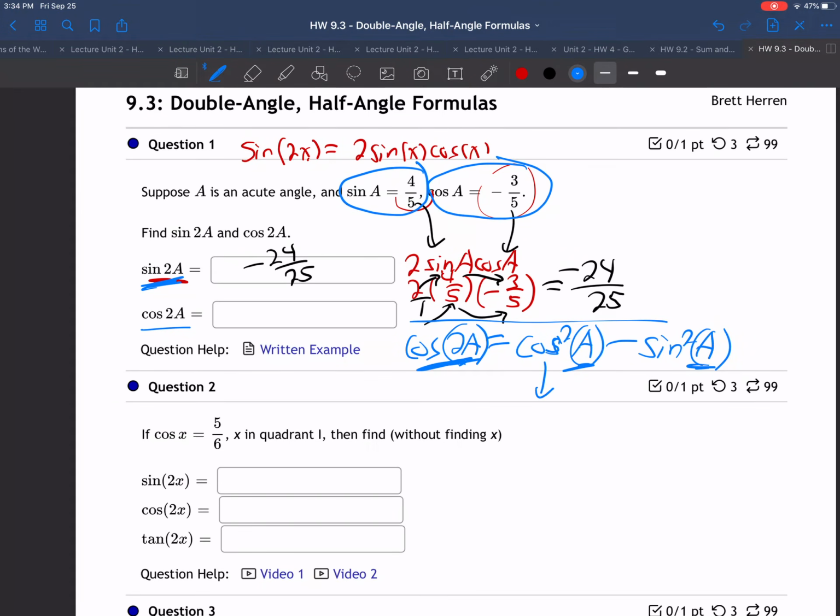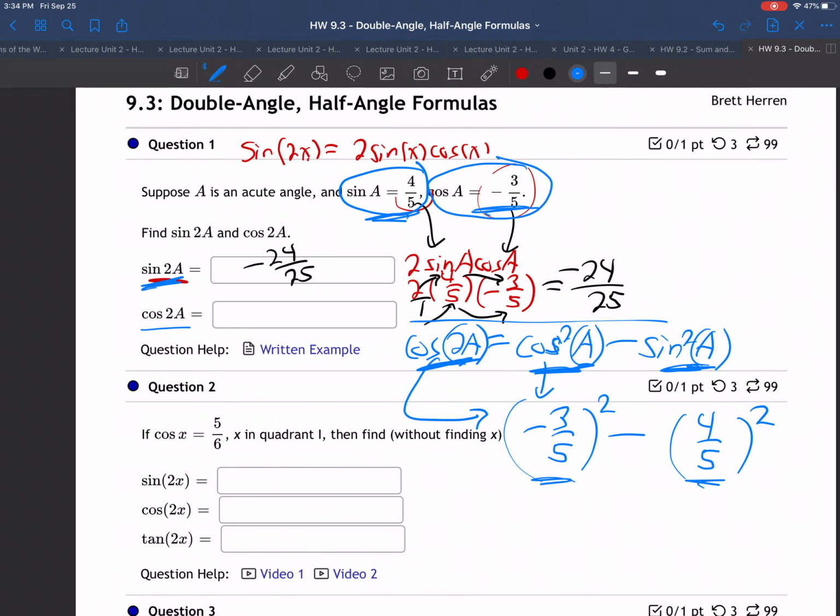So what is the cosine of A? Well, right here, cosine of A is negative 3/5. So this is negative 3/5 squared, right? Minus, and what is the sine of A? 4/5 squared. So the cosine of 2A is the cosine of regular A squared minus the sine of regular A squared, which is negative 3/5 squared minus 4/5 squared, which is 9/25 positive, right?